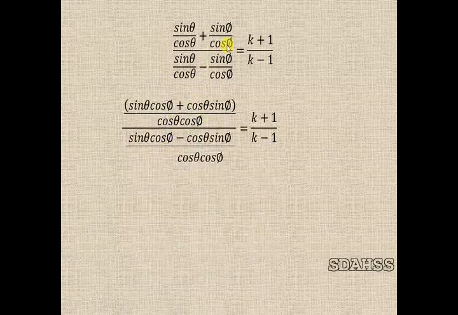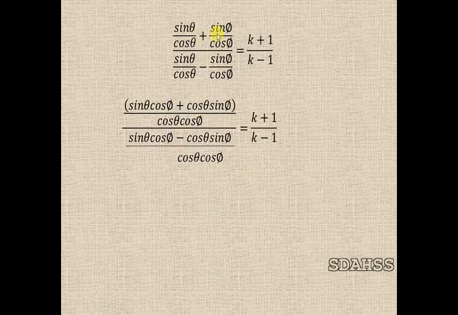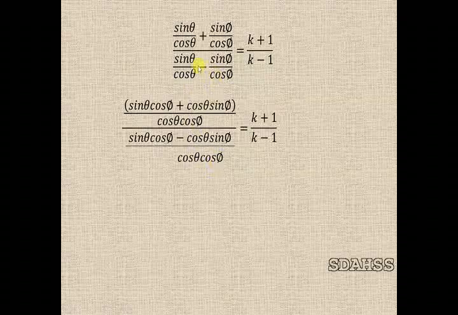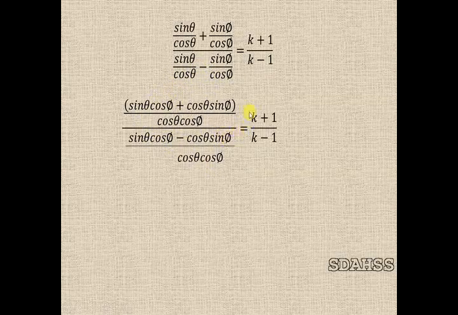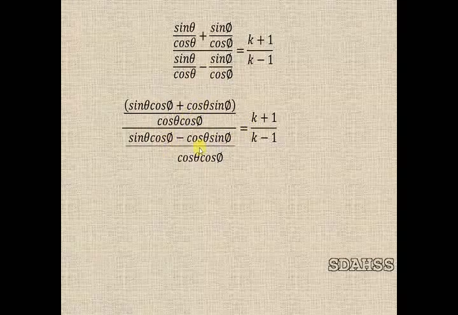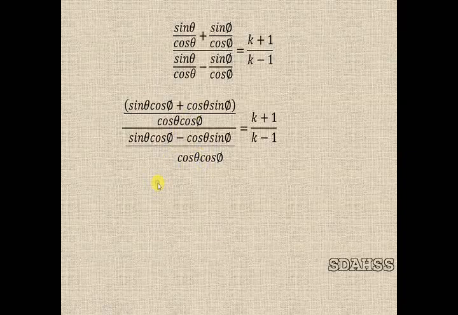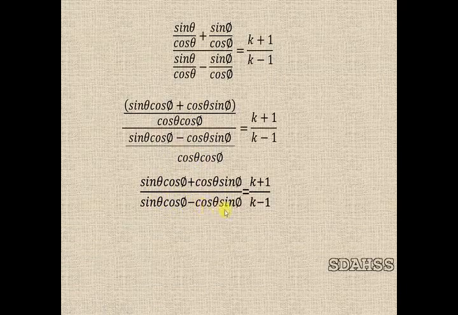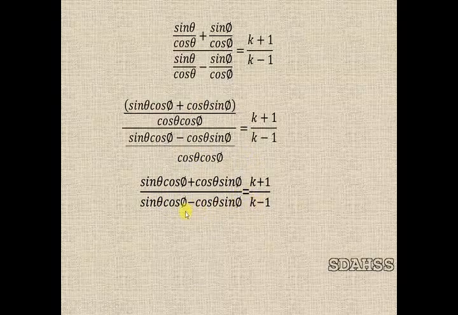Cross multiply: sin theta cos phi plus cos theta sin phi divided by, here also you take down the LCM, cos theta cos phi is the LCM, cross multiply: sin theta cos phi minus cos theta sin phi, which is equal to k plus 1 divided by k minus 1. Here cos theta cos phi cancel. So remaining you have sin theta cos phi plus cos theta sin phi divided by sin theta cos phi minus cos theta sin phi equal to k plus 1 divided by k minus 1.